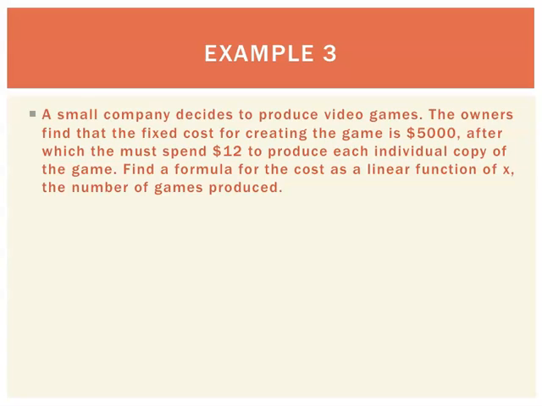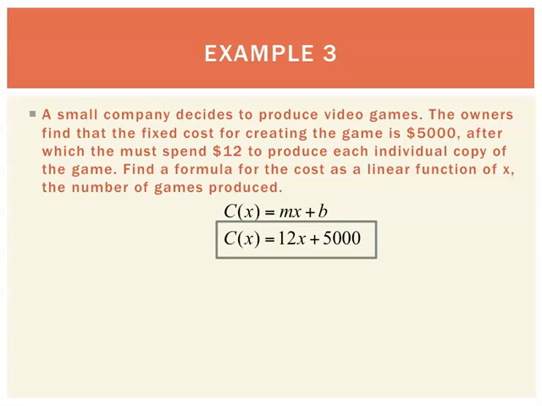So to write the formula, we would use mx plus b, where m is going to be the marginal cost, so anything that's going to be changing depending on how many of that game is going to be produced, and b is going to be the fixed cost, which is everything leading up to being able to create that game. So this is going to be, well, it's $12 for each individual copy, so 12x, and then plus 5,000.